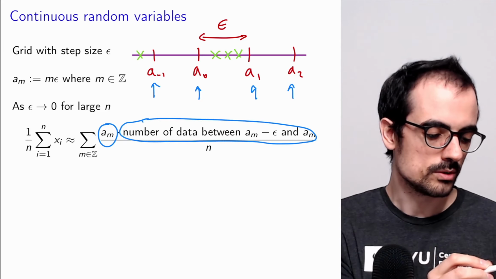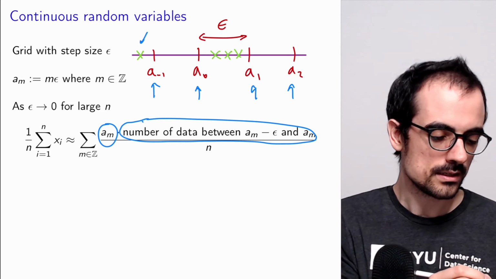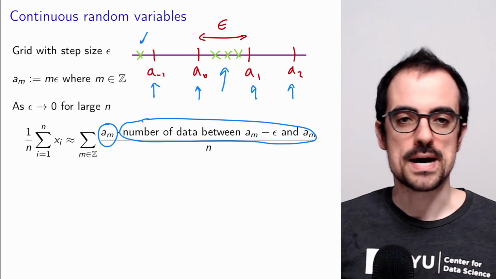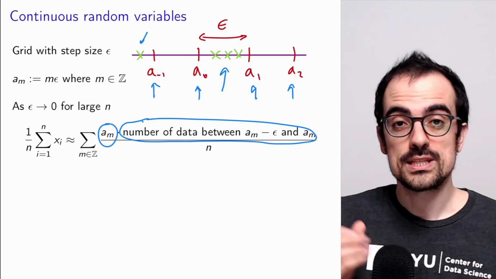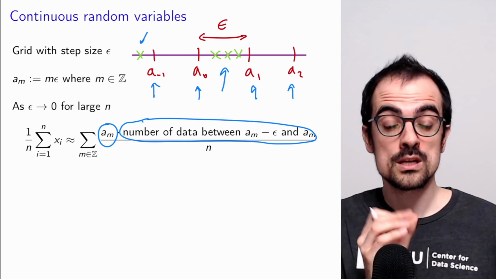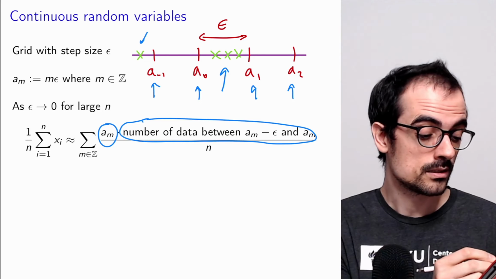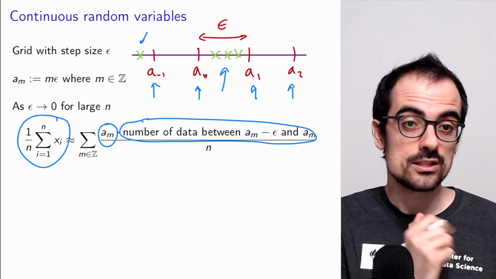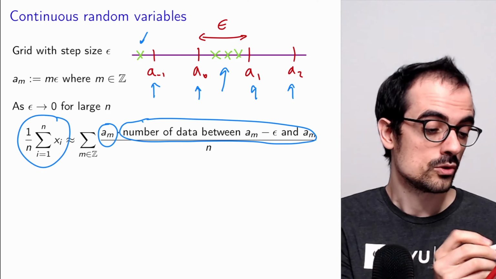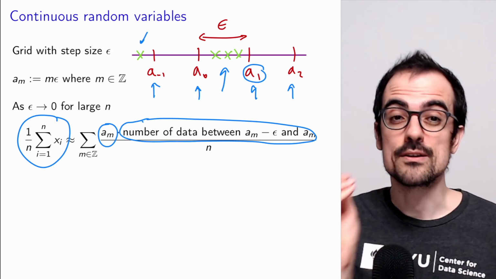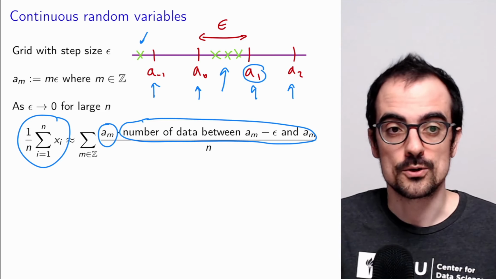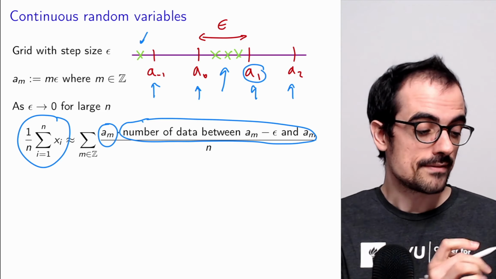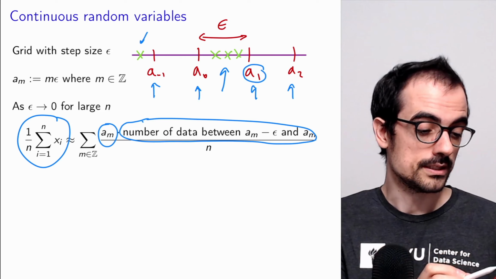So here we would multiply A minus 1 by 1 and A1 by 3. So you see that if epsilon is very small, this sum is going to approximate the sum of the data points because each data point is going to be assigned to a grid point that is very close to it. All right. So now we have an expression in terms of this grid.